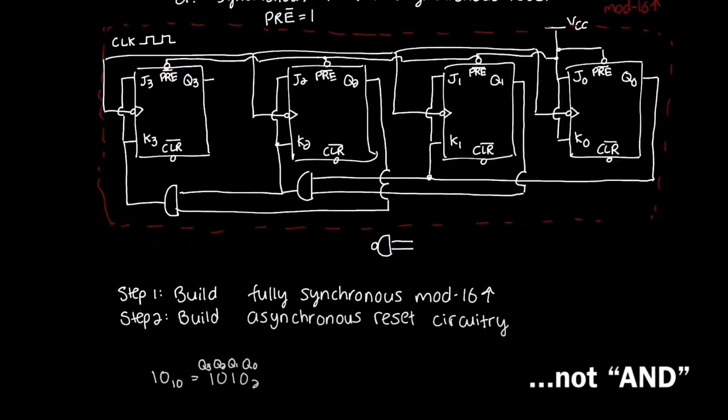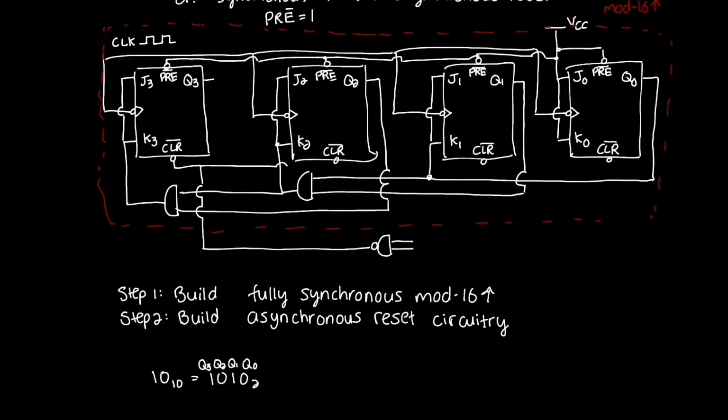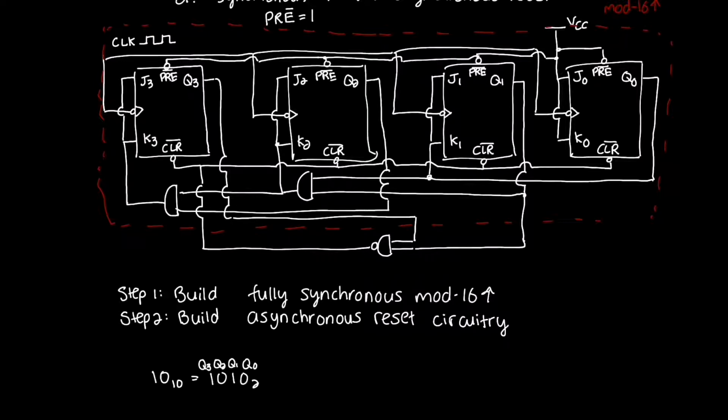So here it would be Q3 and Q1, and the output of the NAND gate goes to all the clear inputs of all the flip-flops. The inputs are Q3 and Q1. And there you have it.